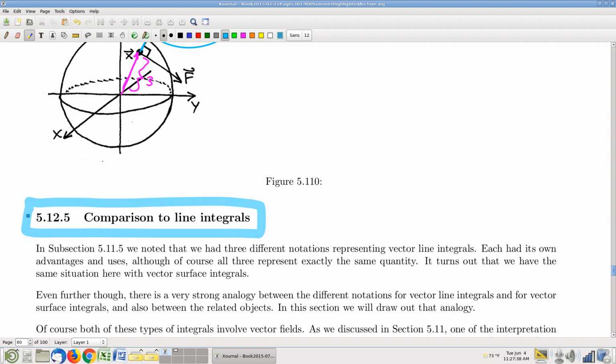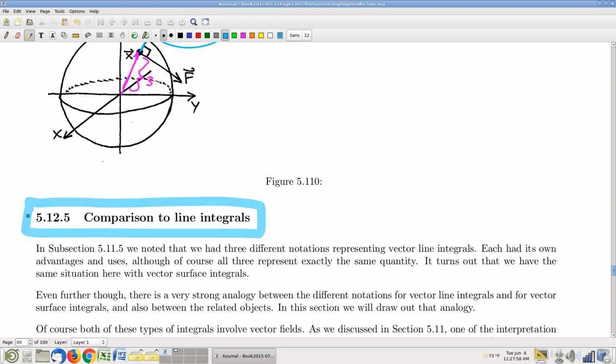But first of all, let me talk about how surprising it is that there will be analogies. Let's think about where vector line integrals came from. Vector line integrals came from considering work, where we were thinking about the vector field as representing force. So vector line integrals came out of thinking about forces and work.